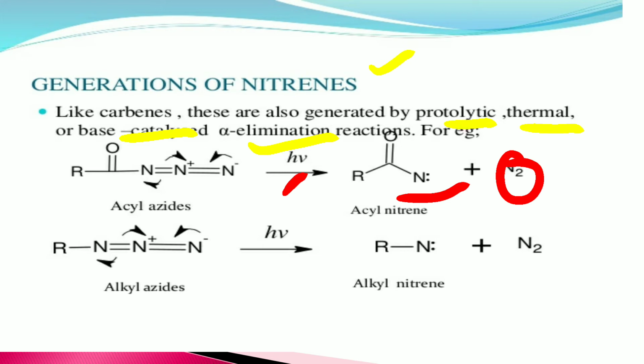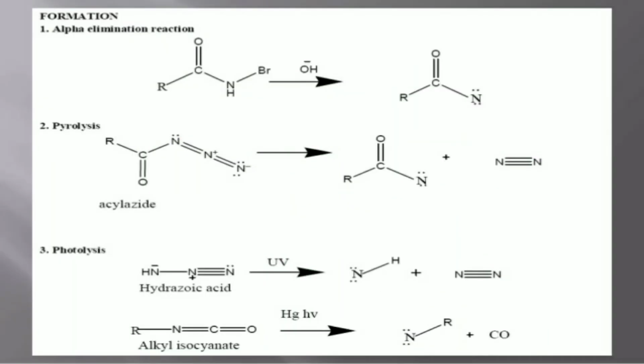Next, alkyl azides on photolysis form alkyl nitrene, that is RN, by also removing nitrogen.